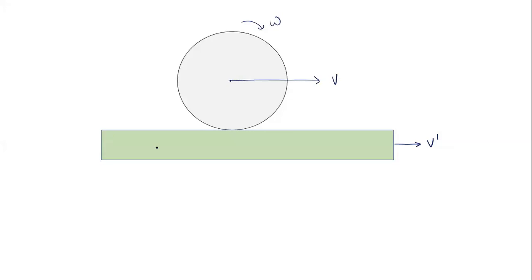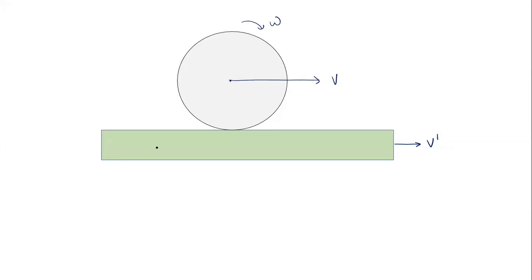Now can you tell me what will be the condition for pure rolling in this case? Here the surface is not stationary, it is moving with velocity v dash.